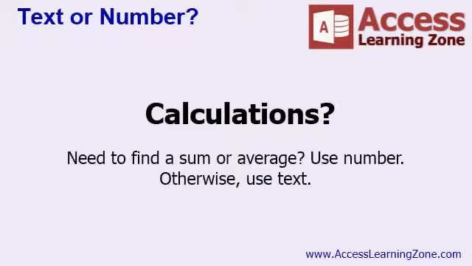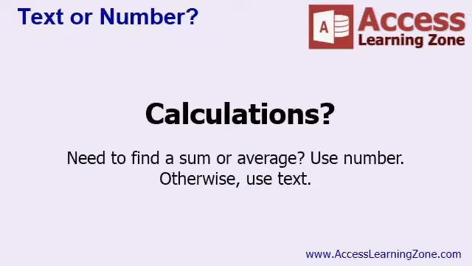There are several things to take into consideration when trying to decide whether to use a text or a number field. If you ever need to perform calculations on the field, use a number. Otherwise, use a text field. If you ever need to add two of them together, for example, or find the sum or average, then use a number.